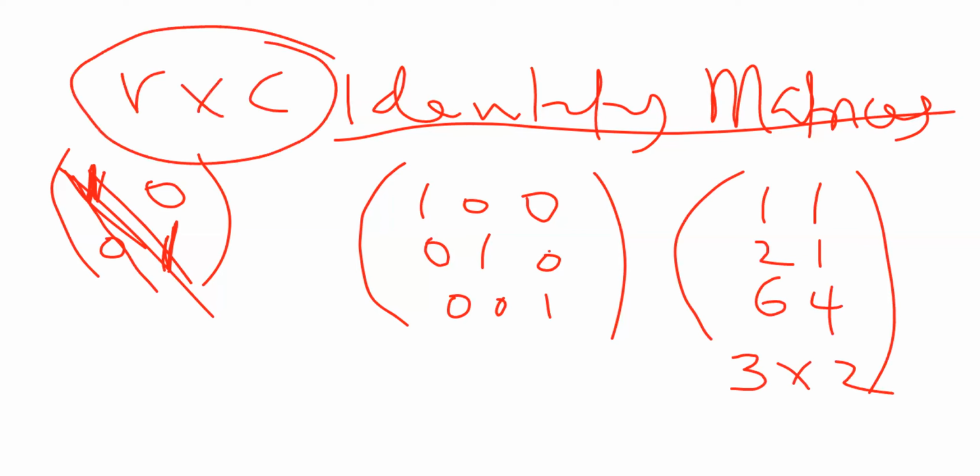Is it clear? That means a 3 by 2 matrix means 3 rows, 2 columns. That is what it means. But these are some things you need to just understand.